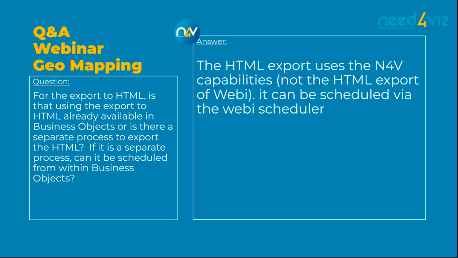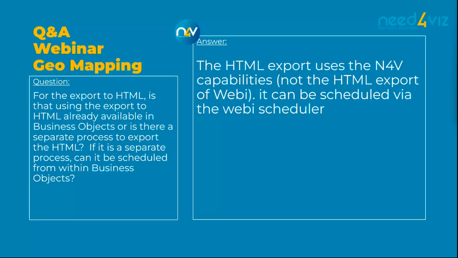For the export to HTML, is that using the export to HTML already in Business Objects, or is there a separate process to export the HTML? And so the HTML export uses both. It uses the capabilities within our products, and so we didn't really focus on how that was done today.